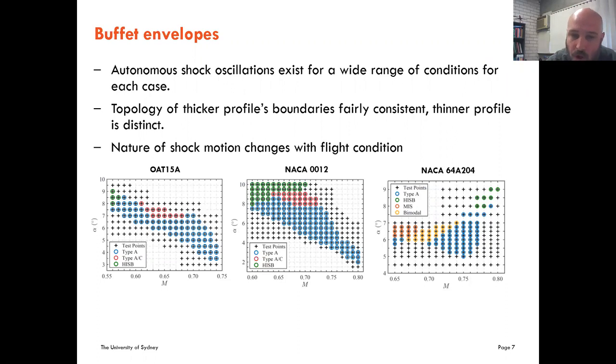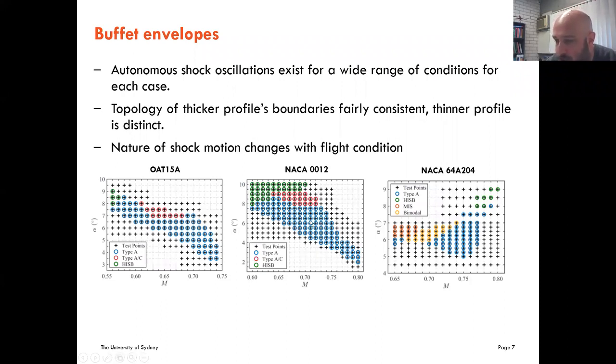The most common behavior is probably a type A or type AC type of behavior, and I'll show you more in a second what I mean by that. You can see in this graph we've got the 0815 aerofoil and the NACA 0012, which are relatively thick aerofoils. The 08 is a supercritical aerofoil, while the NACA 64 is a very thin aerofoil profile, more commonly associated with fighter aircraft.